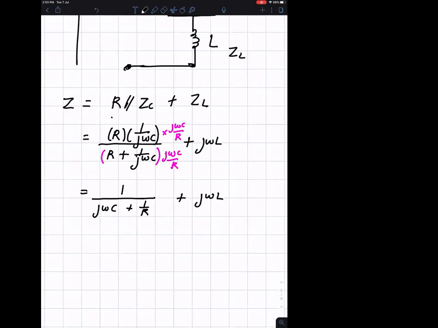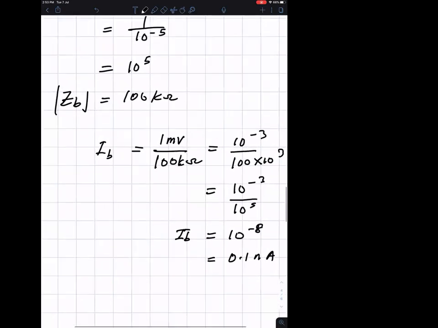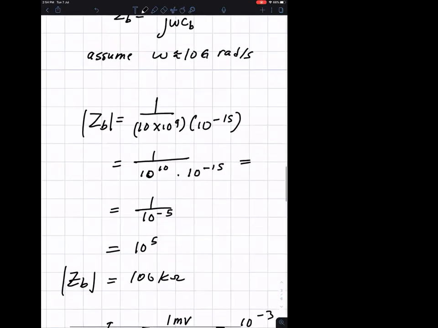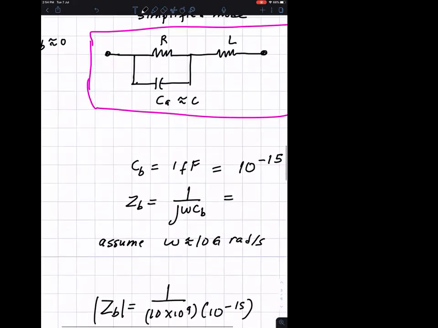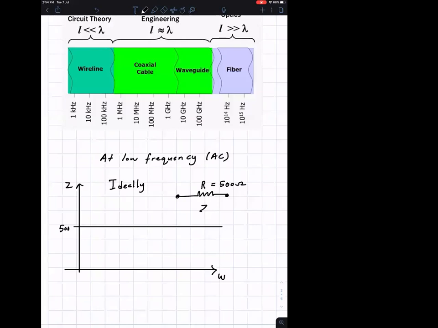So students, now you see right now at high frequency, remember at low frequency, Z was simply R, isn't it? And it's 500, correct? At low frequency, in this region.